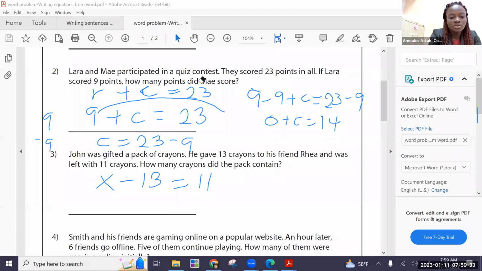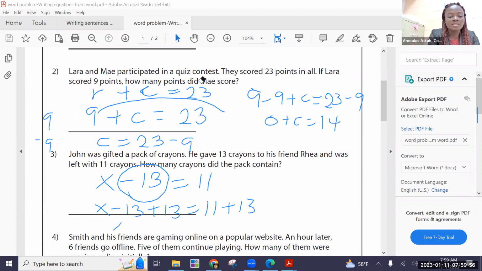So this now becomes to find the inverse operation of the negative 13 here. That is positive 13. So you have X minus 13 plus 13 equals 11 plus 13.